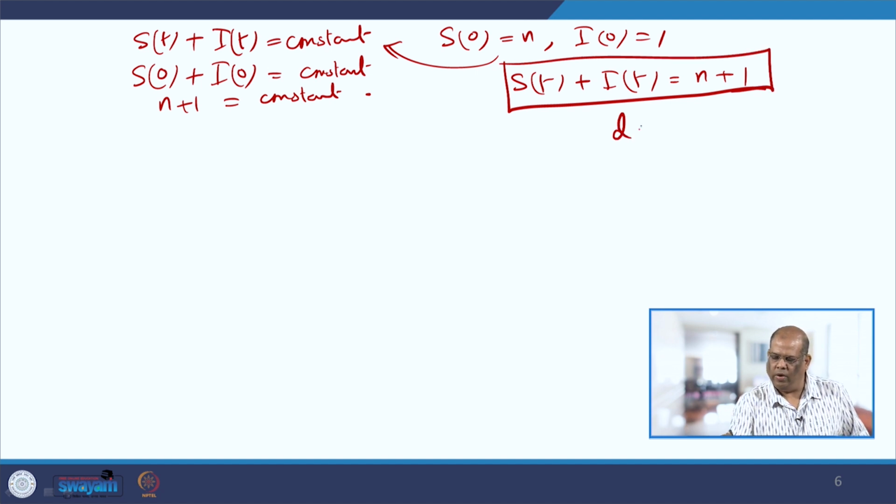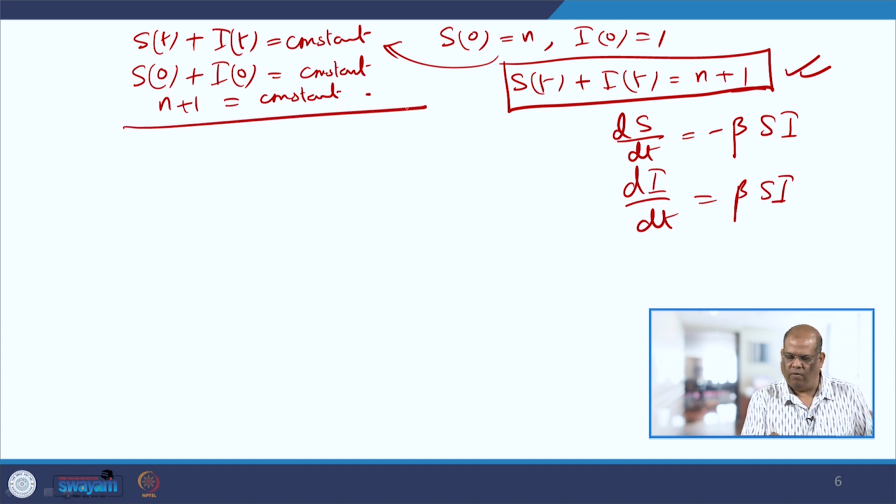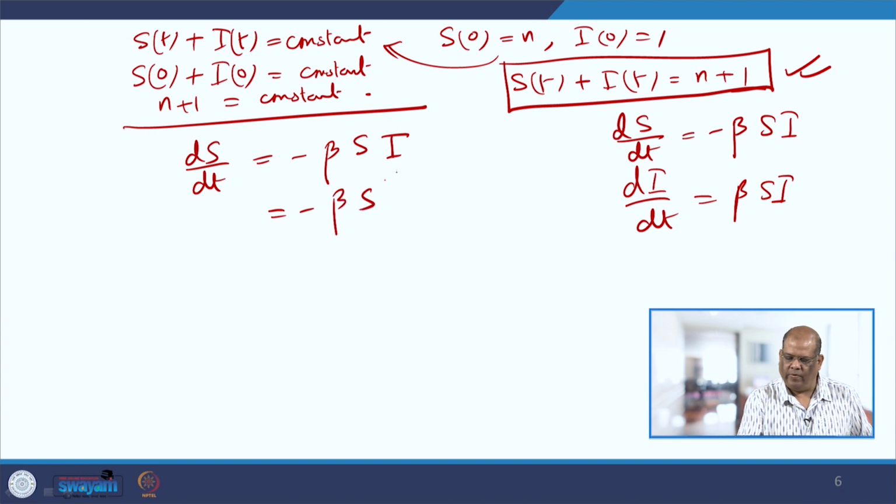Now, you have the equation ds/dt is equal to minus beta S I and di/dt is equal to beta S I. Now, I will be solving this differential equation using this relation. So, if I write ds/dt equal to minus beta times S I, what I will do is minus beta times S, I is replaced from here.